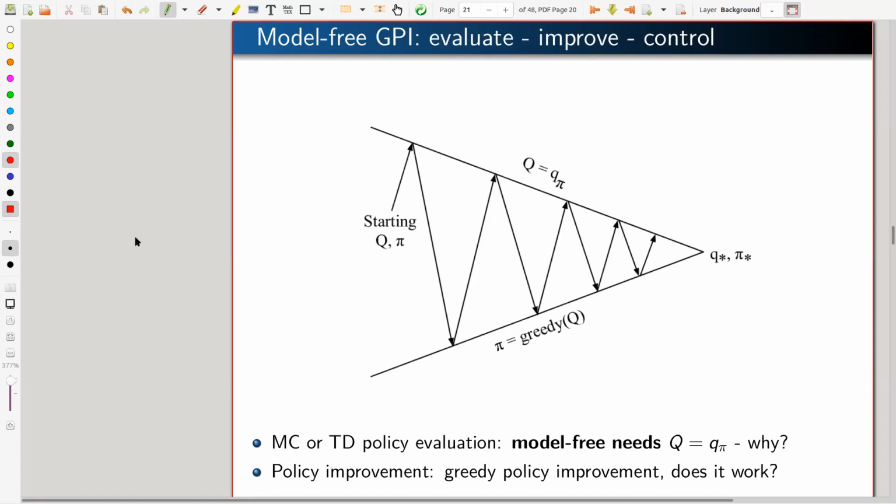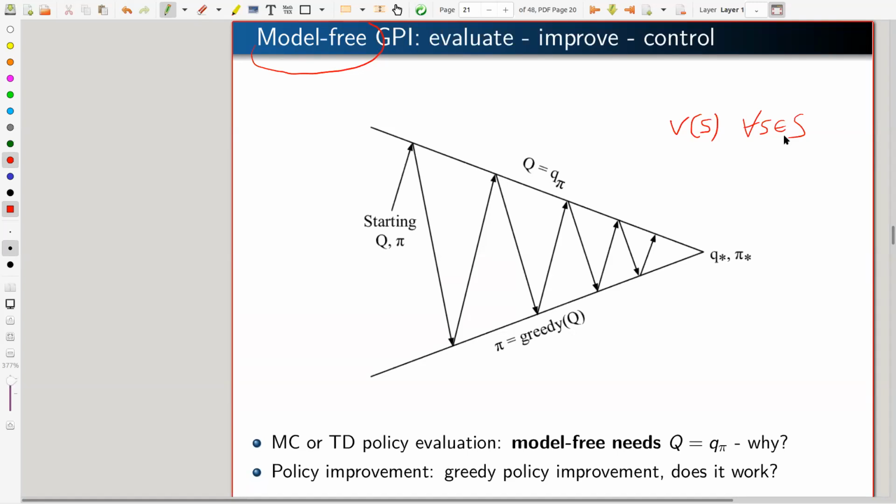Why is it with Q? Because remember, we are in the model-free case, and up to now we were saying, okay, with these methods, Monte Carlo or temporal difference, we are estimating the value function. Okay, we are estimating the value of a state S, the value of every state S. But now we have to make the improvement. Remember how the improvement works?